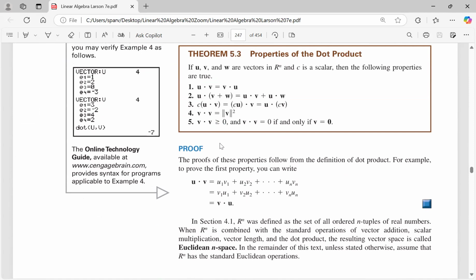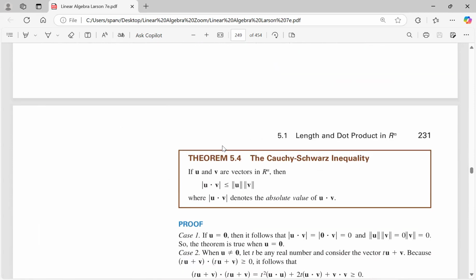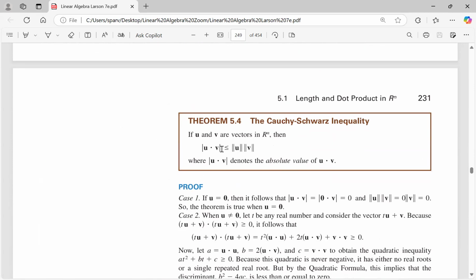But in general, the dot product of any two vectors could be negative. So for that reason, you take the absolute value. The Cauchy-Schwarz inequality says that the absolute value of the dot product of two vectors is less than or equal to the magnitude of the first vector times the magnitude of the second vector. So that's what the inequality is.